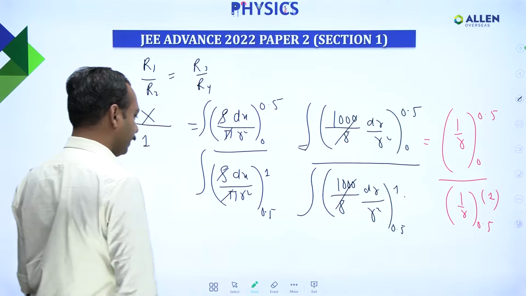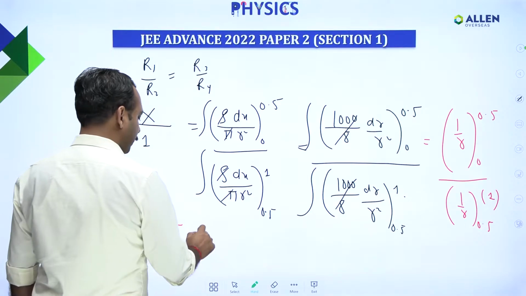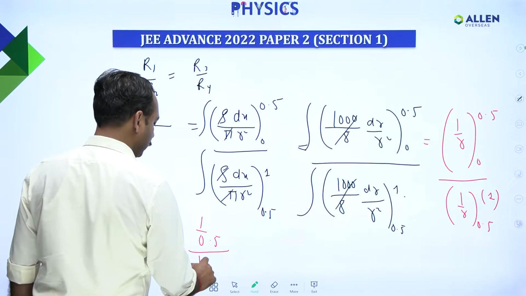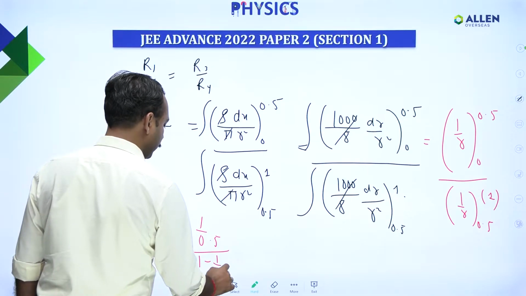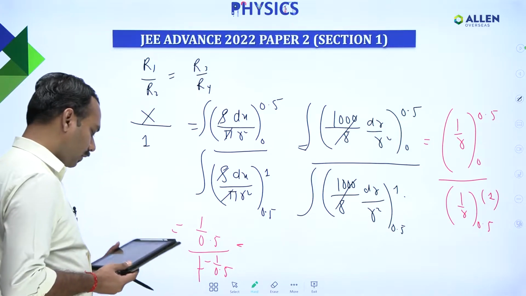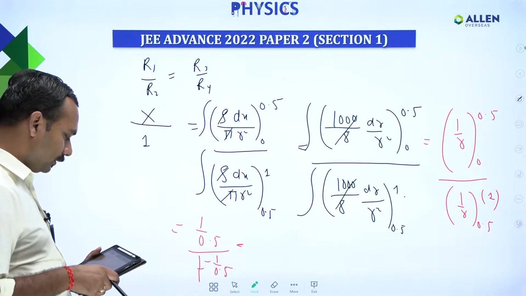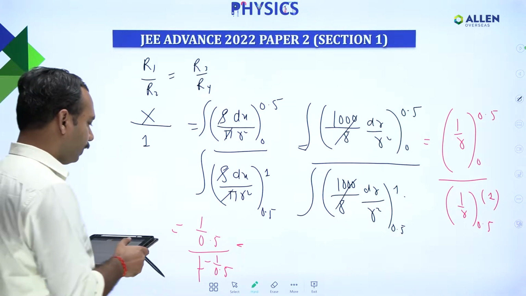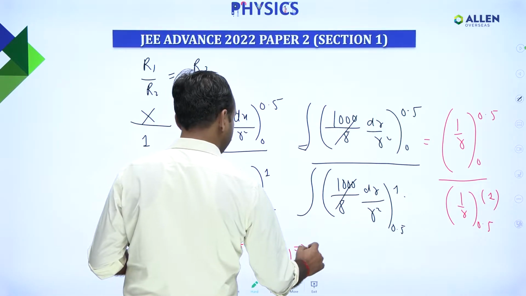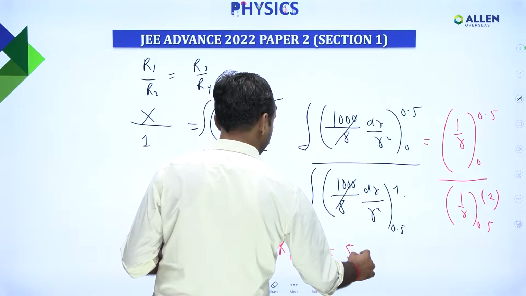If you solve it further, that will be 1 upon 0.5 minus 0, divided by 1 minus 1 upon 0.5. After solving, the answer you will get is 5 ohm. So R1, or X which I considered, comes out to be 5 ohm.